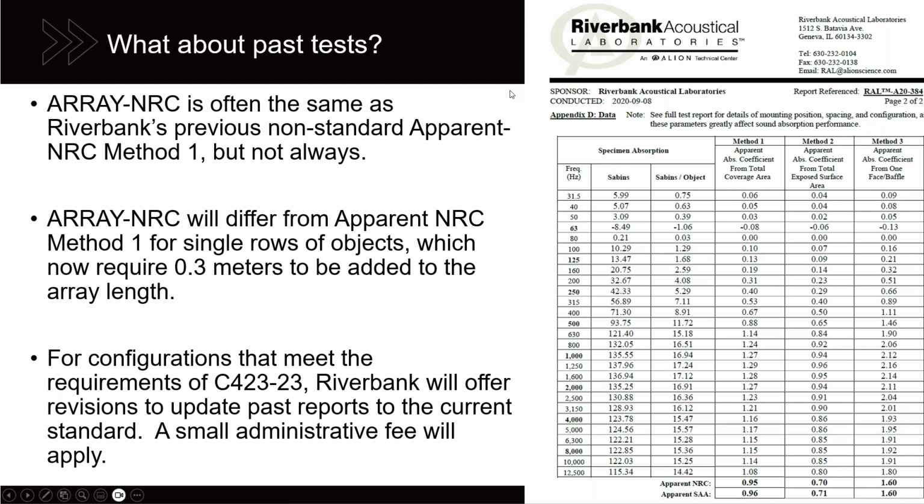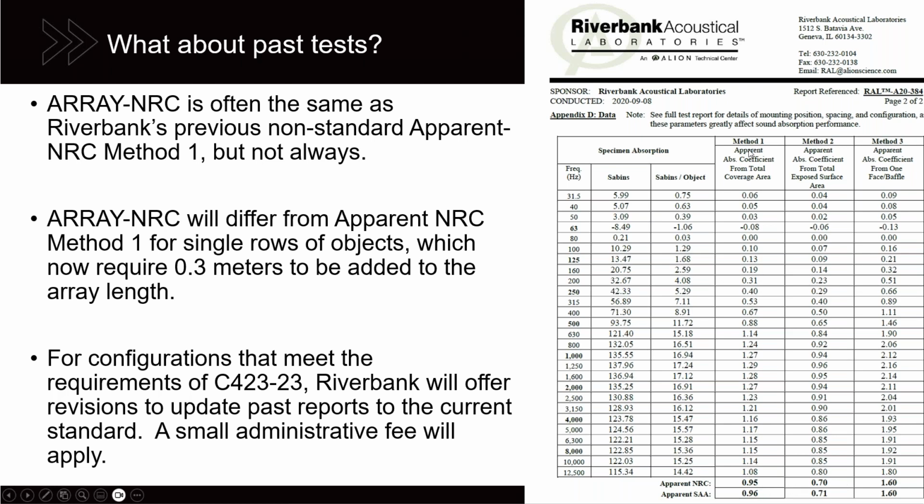Most of the time, the Array-NRC is going to match the method 1 sound absorption coefficient from the total coverage area, but not always. There are certain instances, like for example the single row of baffles, where our calculation method did not match what ASTM eventually agreed upon.